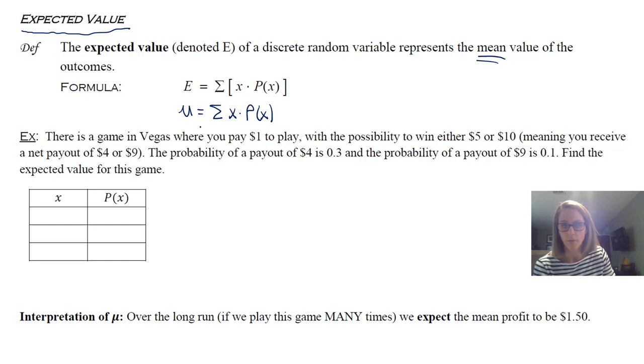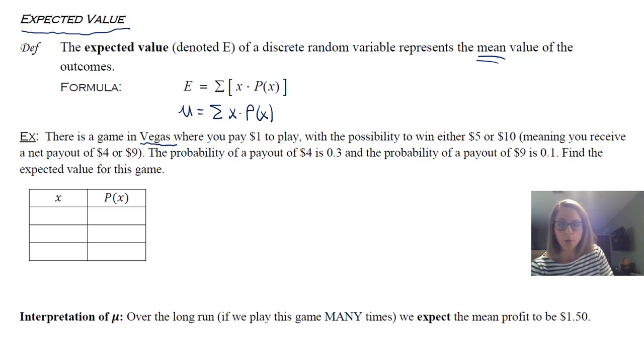So it's no different than that, but again, now you're in some sort of real world application. So expected value is very common with gambling, and we'll be talking about a game in Vegas.